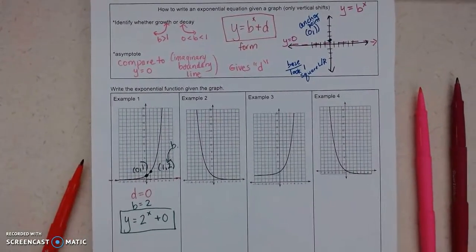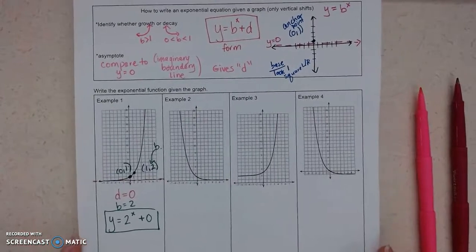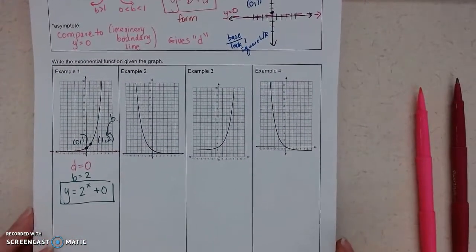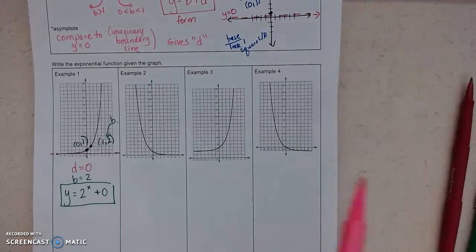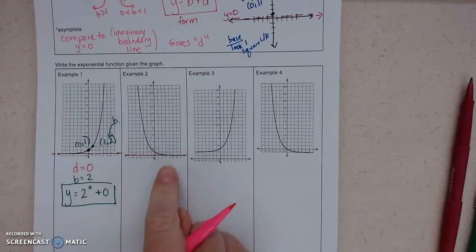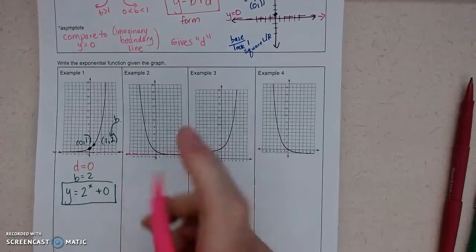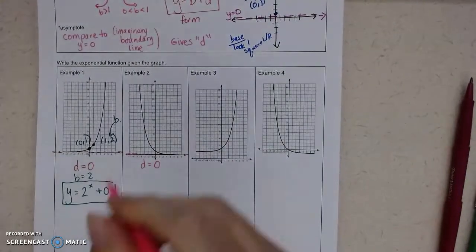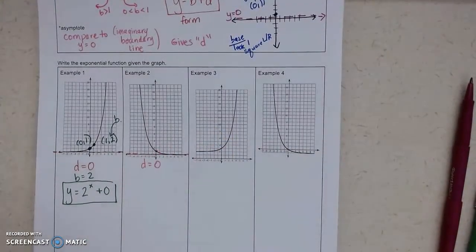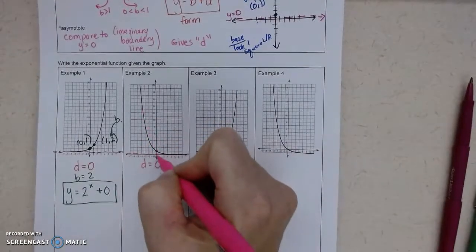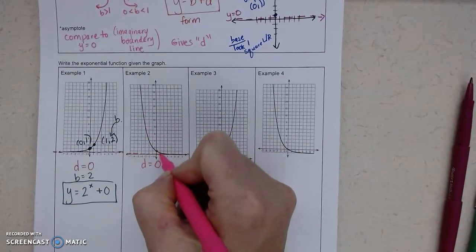All right, let's try another one. I've got 4, just so we get the idea. Okay, so same thing. Try to identify the asymptote. It's still on the x-axis, so that means we do not have a vertical shift. Our graph still goes through (0, 1), the anchor point. And so now since it's decay, you can still go to the right, but it's kind of hard because it's not on a square.